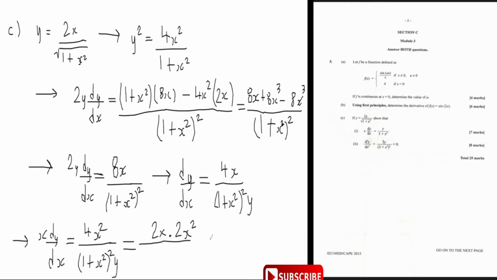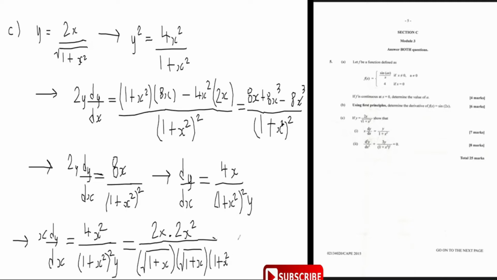Then in the denominator, I can break up 1 plus x squared as the square root of 1 plus x squared times the square root of 1 plus x squared, times 1 plus x squared.